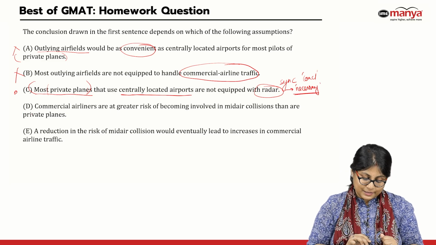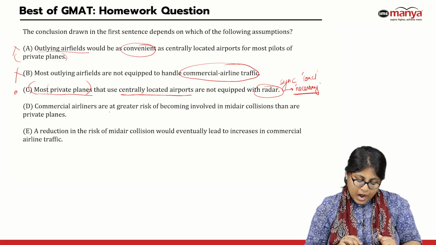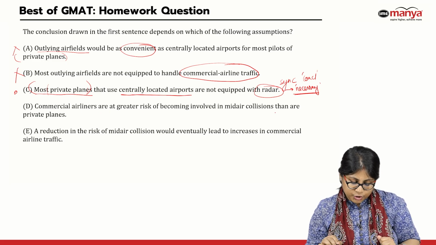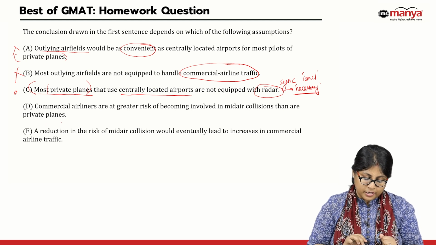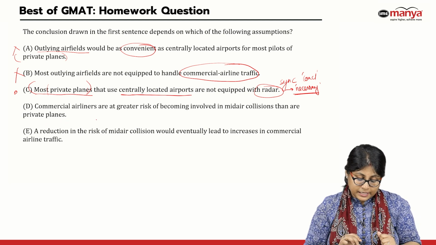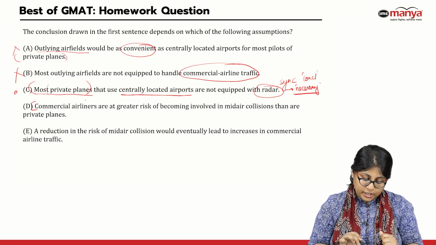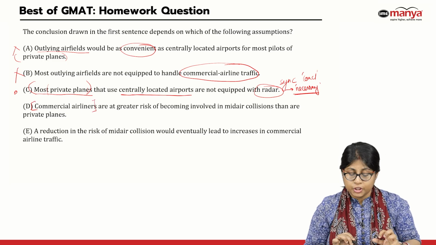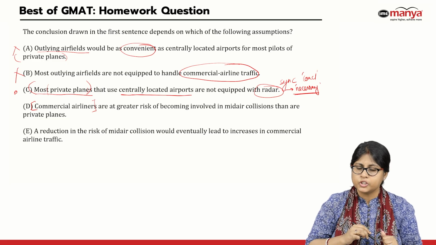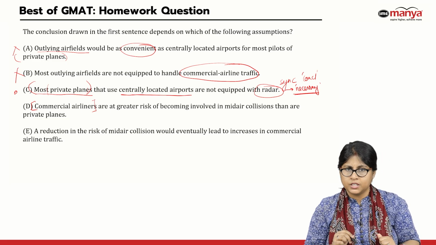Let's look at option D. Commercial airlines are at greater risk of becoming involved in mid-air collision than are private airlines. Now, this is a very interesting option. It tells me there's a higher risk for commercial airlines to be involved in mid-air collision.